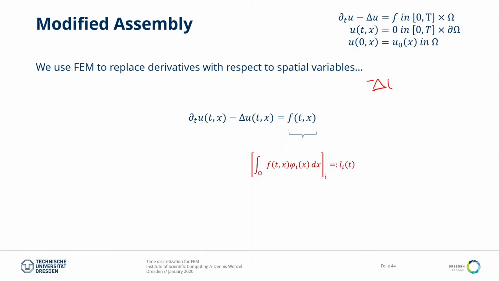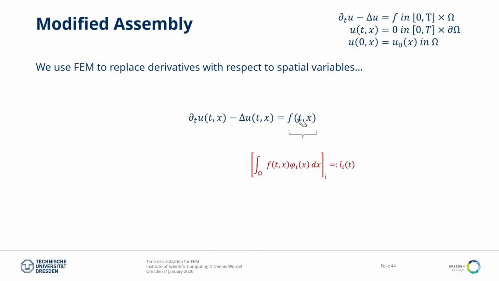So you had something like minus Laplacian of u of x equals f of x, and that was replaced by S times u equals L, so some constant matrix times a vector is a vector. So you removed everything that had to do with x. This was the process before, and that's exactly what we're going to do here also. So after the process that we talk about now, we want to get rid of all those x's here.